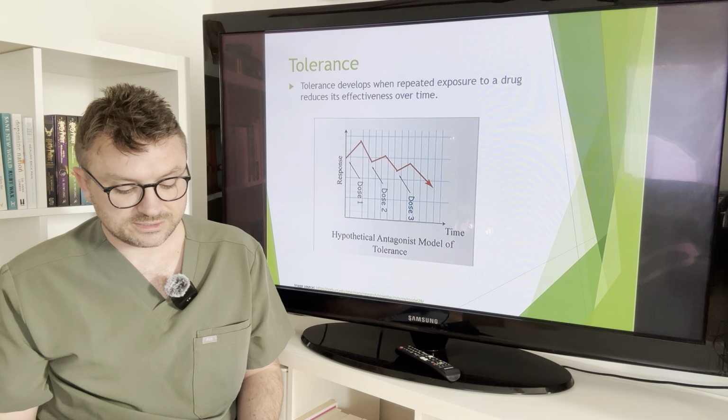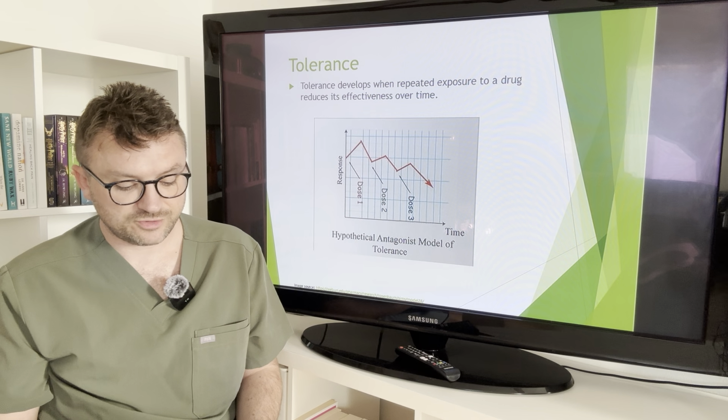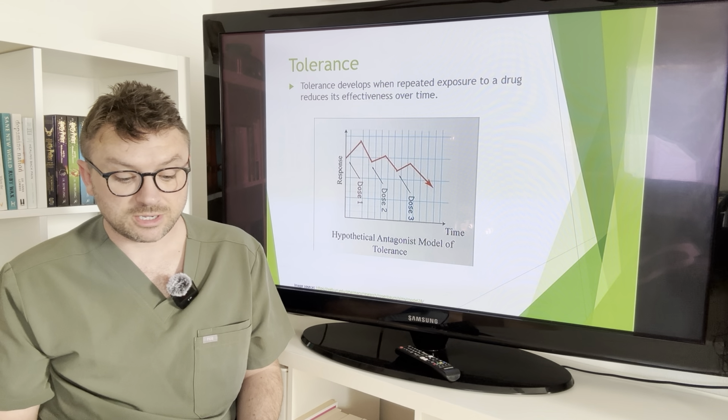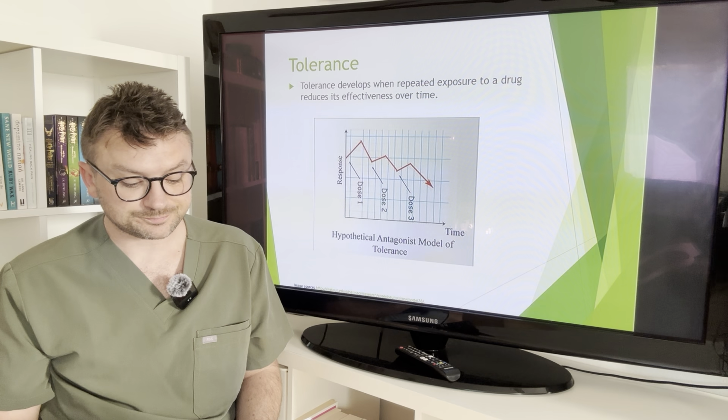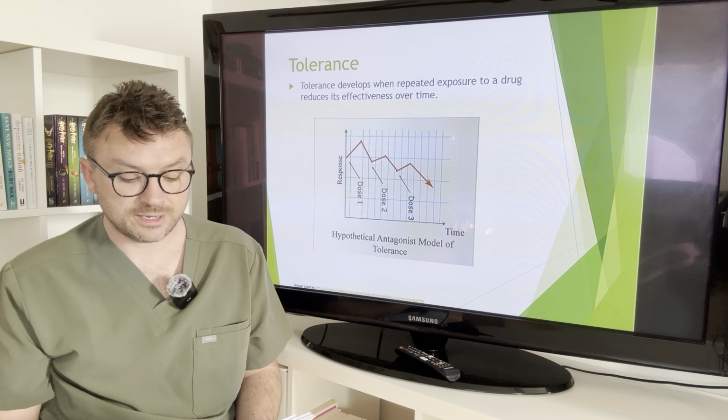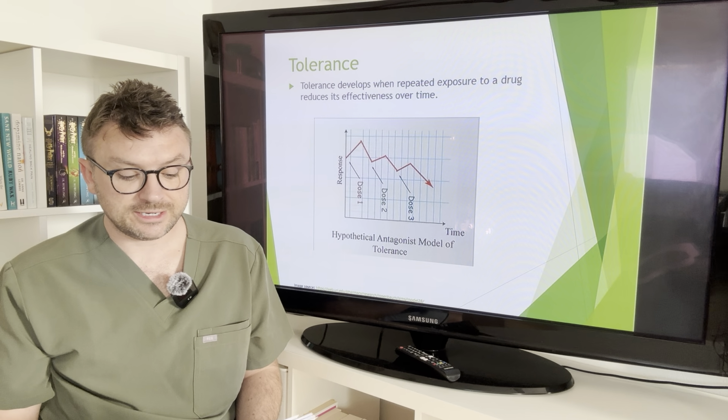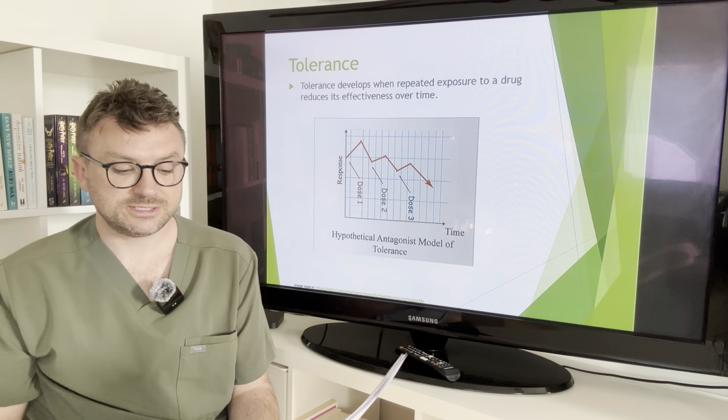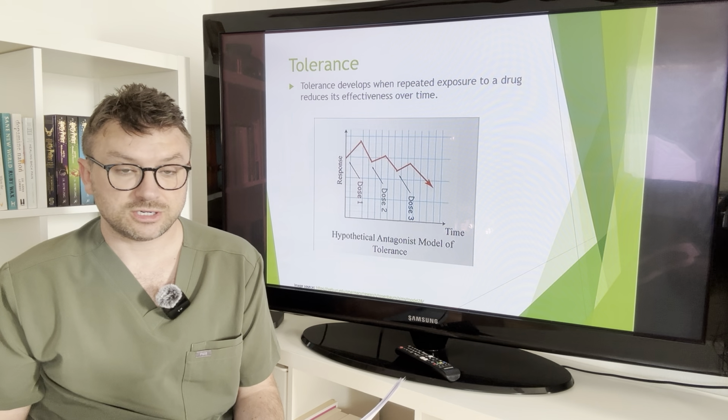There are several mechanisms by which tolerance occurs. Firstly, receptors may become less sensitive to stimulation. Secondly, the number of receptors may decrease. Thirdly, the body may become more efficient at metabolizing and eliminating the drug.